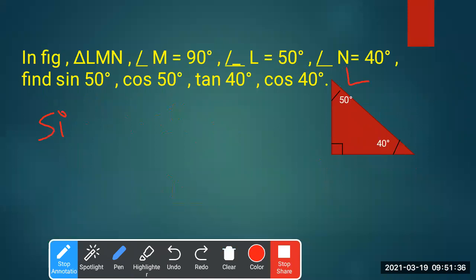This is L, M, N. Now opposite to 90 is what? Hypotenuse. So always take a habit to mark the hypotenuse first. Sine 50 degree, the definition is what? Opposite side upon hypotenuse. You have to write it in full form, students.